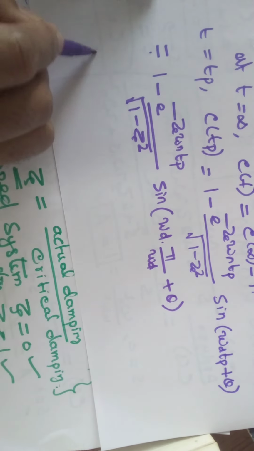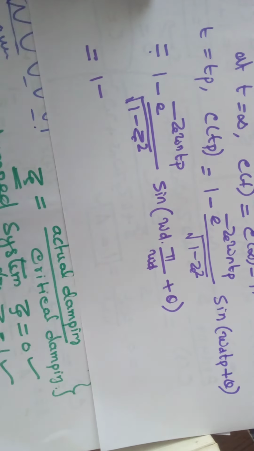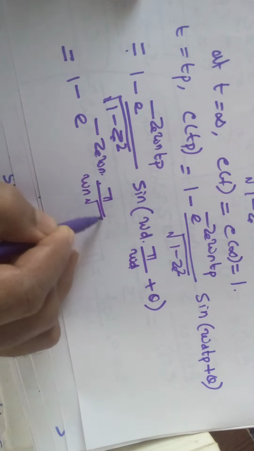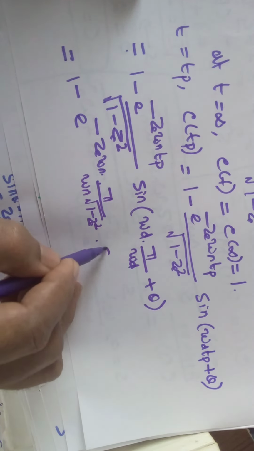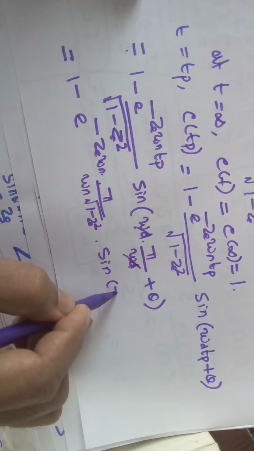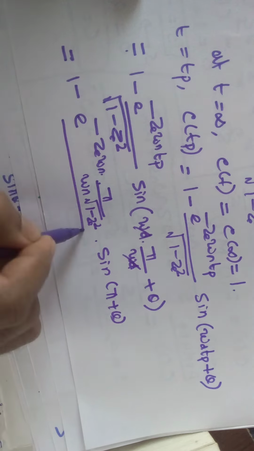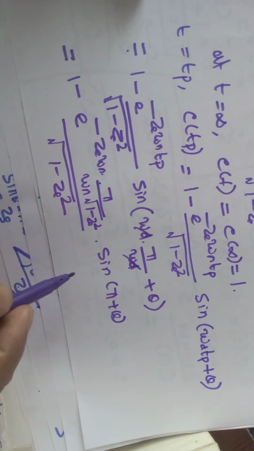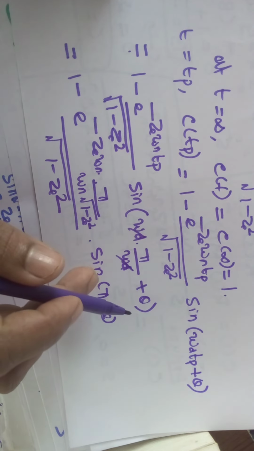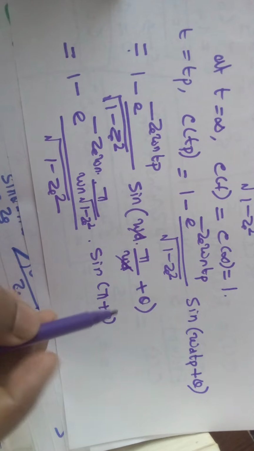Now this becomes 1 minus e power minus zeta omega n into pi divided by omega n into square root of 1 minus zeta square, divided by square root of 1 minus zeta square, into sin of pi plus theta. Understood?